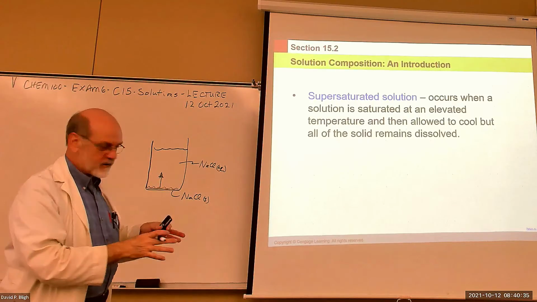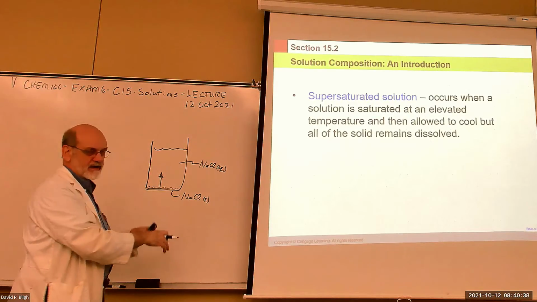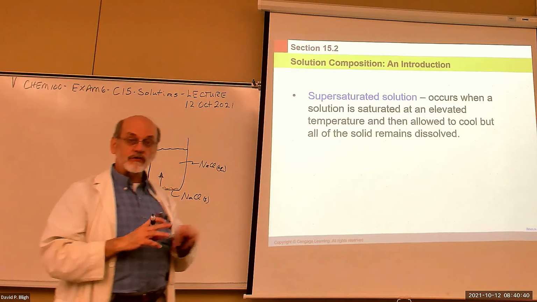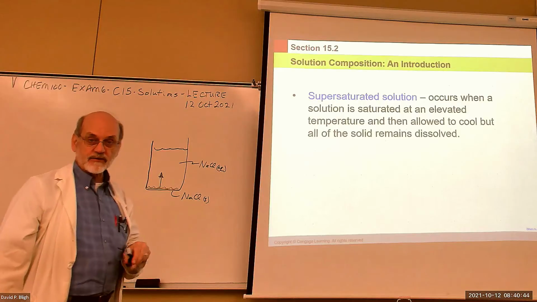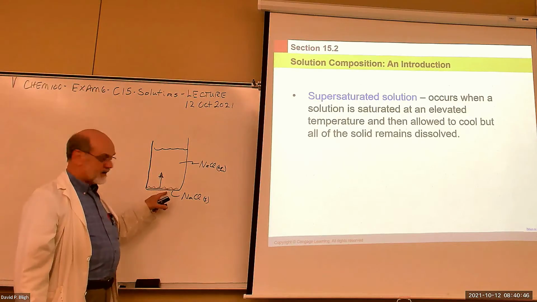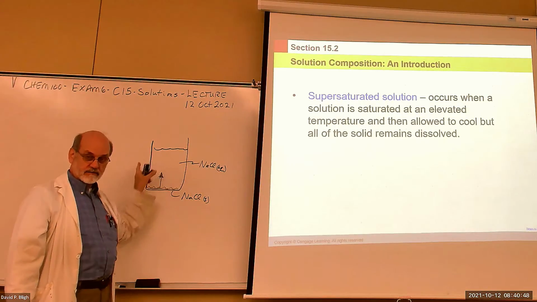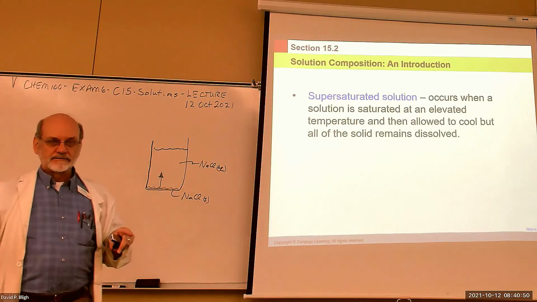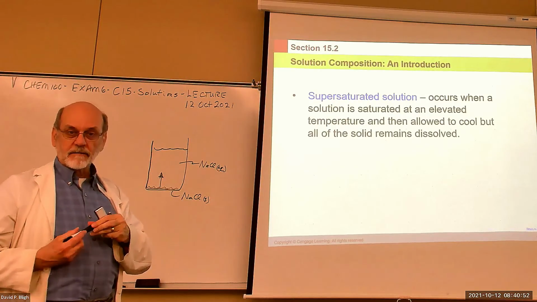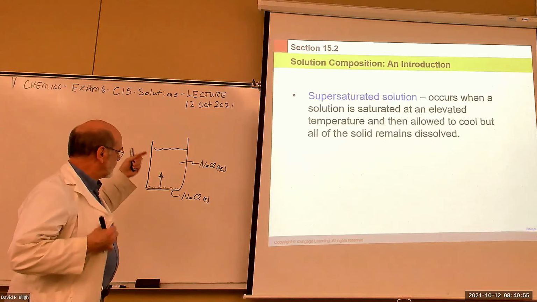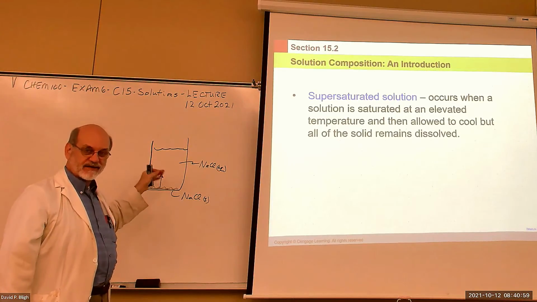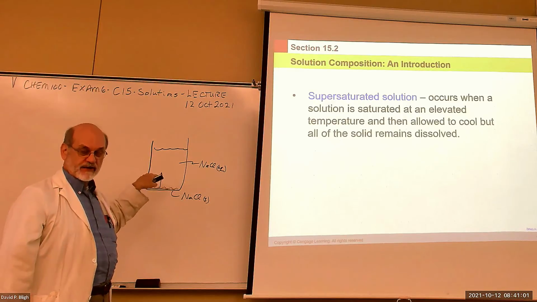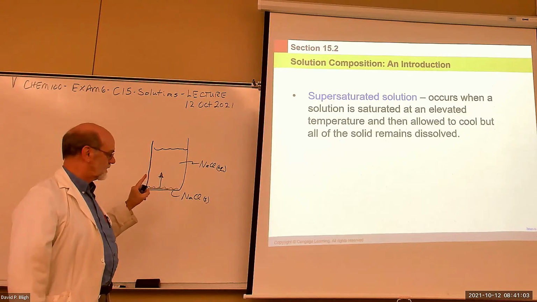And then you set it on the counter gently, and don't disturb it as it cools. And when it reaches room temperature, it may still have everything in solution. At a certain point, it has more solute than you would normally expect to see dissolved in that solvent at that temperature.